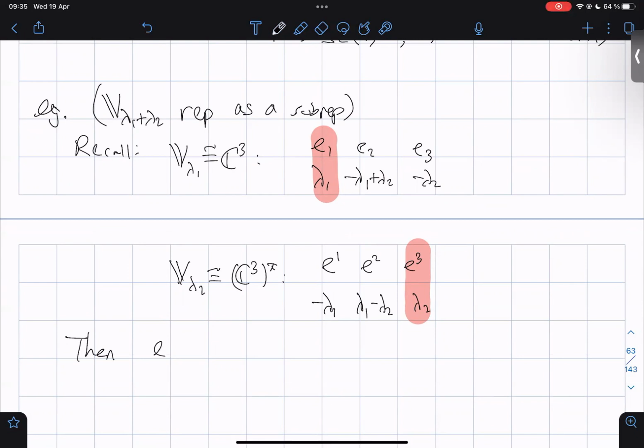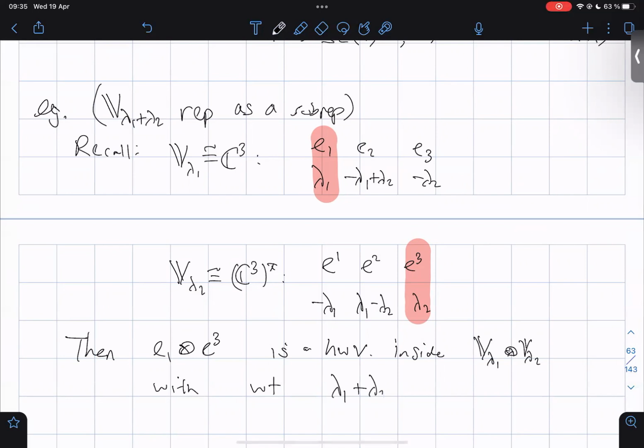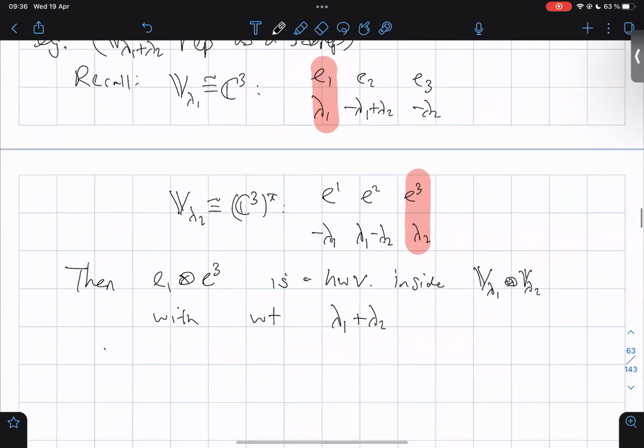So E1 tensor E3 is a highest weight vector inside the tensor product, with weight lambda 1 plus lambda 2.